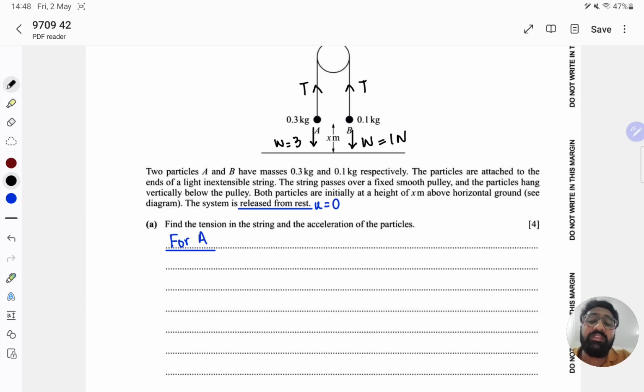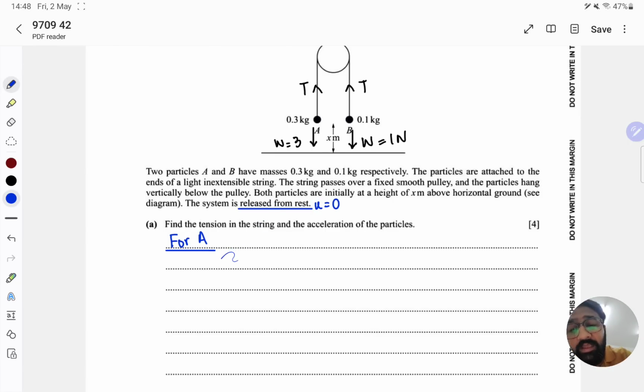This is a movement question, so forward minus backward, the forward is the direction the object is moving, right? So forward minus backward is equal to ma. The forward force for A, since the object's weight is more, is going to bring it down.